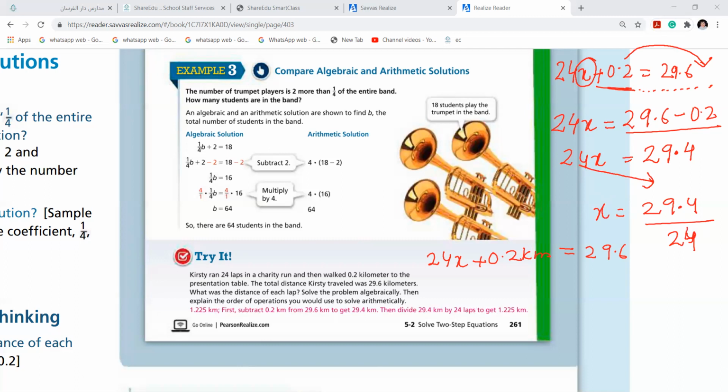Do 29.4 over 24. Your answer will be 1.225 kilometers. Any questions? No.